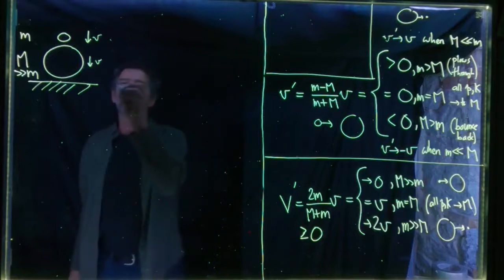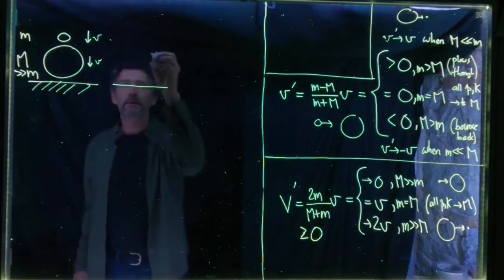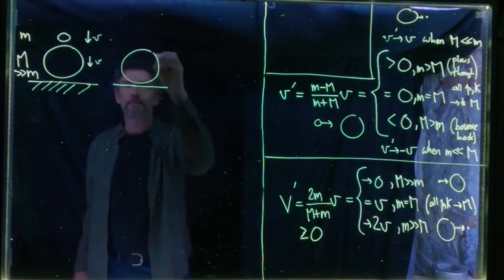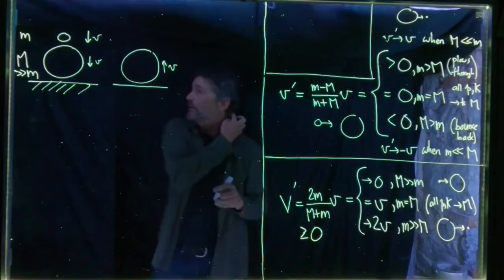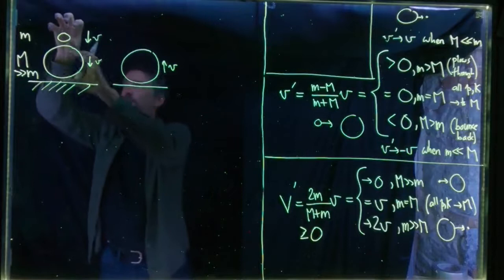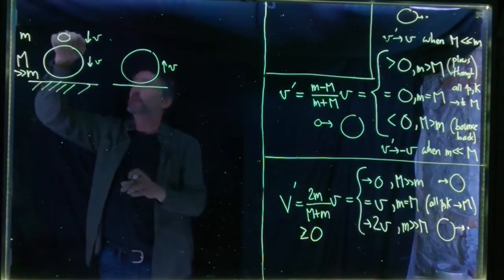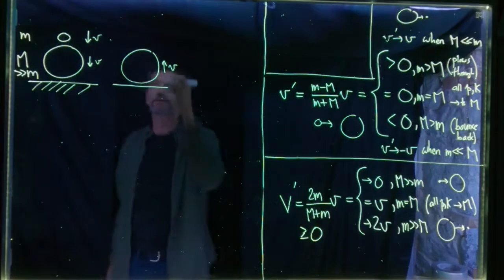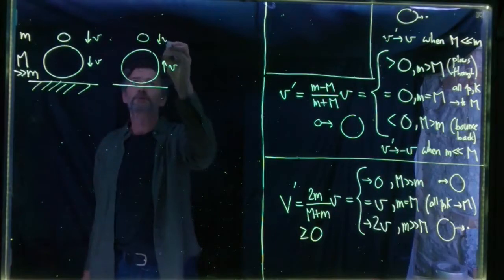It's going to bounce up with exactly the same speed that it had on the way down. But this guy, we're going to assume it goes like this, but we're catching it just before little m has hit, before the tennis ball has hit the basketball. So the tennis ball is still coming down with a speed v like this.